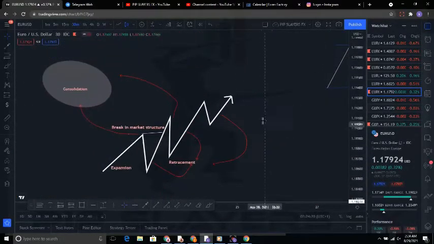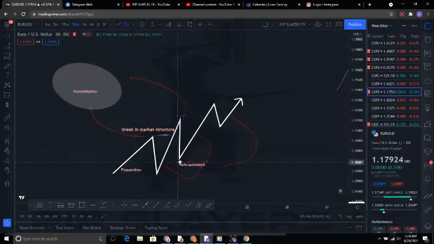Breaking this down, in a bullish run we should have a higher high, a higher low, a higher high, a higher low.